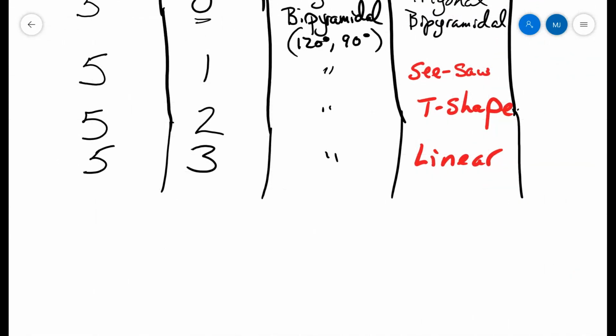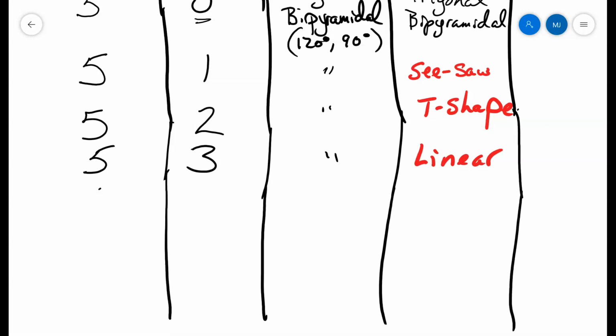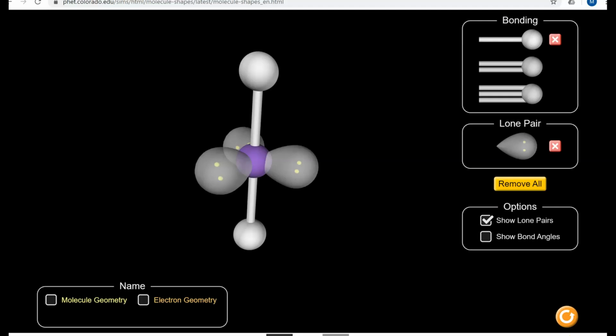All right. That is the end of the 5 geometries. Let's shoot for 6. Six regions, 0 lone pairs. Let's jump over to our model.